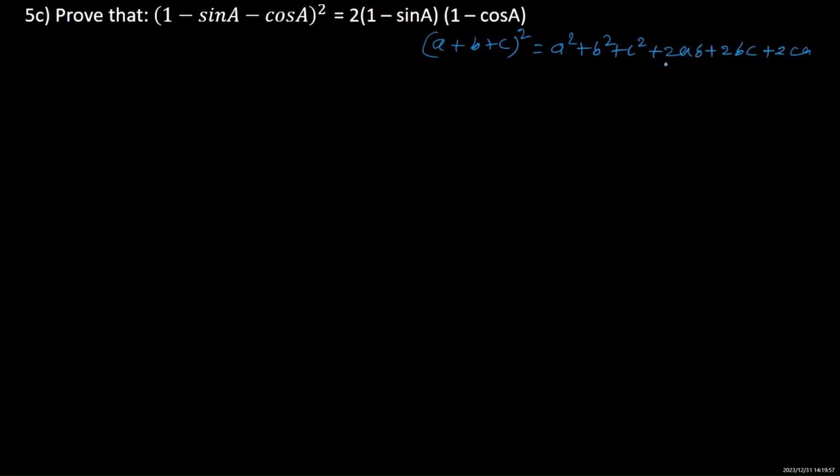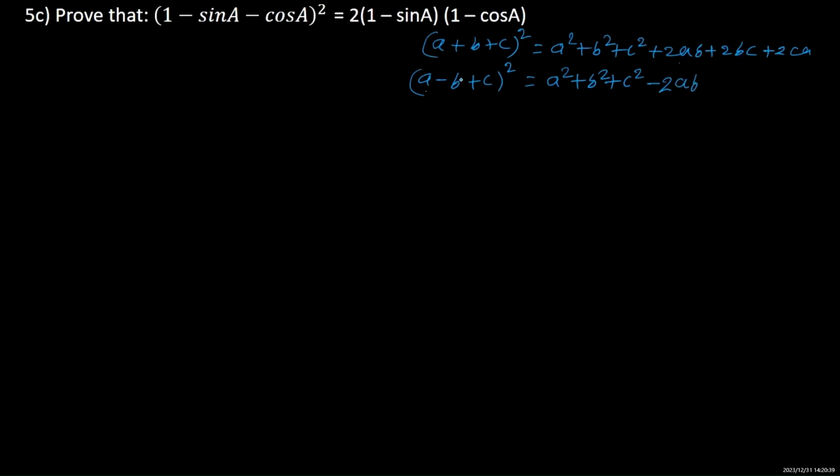And if one of them is minus, a minus b plus c suppose, then all of the terms with square are positive only, because square of negative is also positive, minus into minus becomes plus. All of the squares are positive, same as previous, a square plus b square plus c square. Then here is 2ab. We have to take the term with ab. a is positive, b is negative. Plus into minus becomes minus, so it will be minus 2ab.